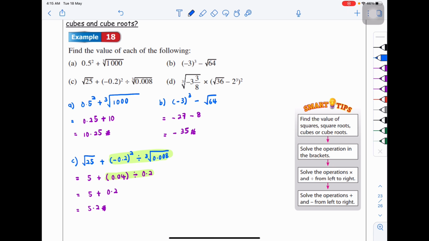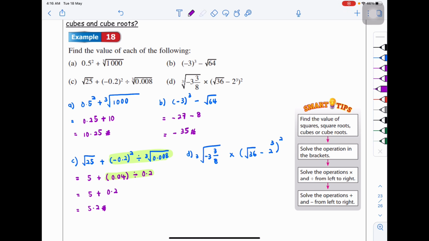That's for C. Next, the last question. We have the cube root of negative 3 and 3 over 8 times square root 36 minus 2 to the power of 3 bracket square.